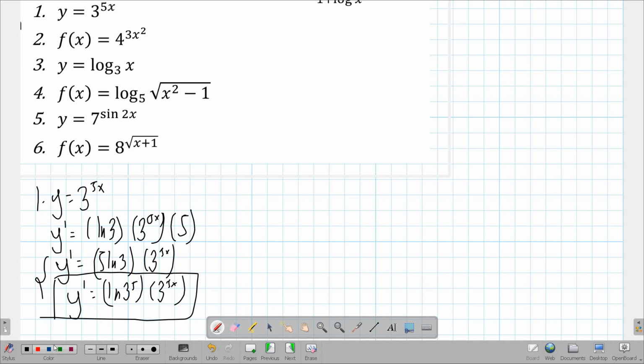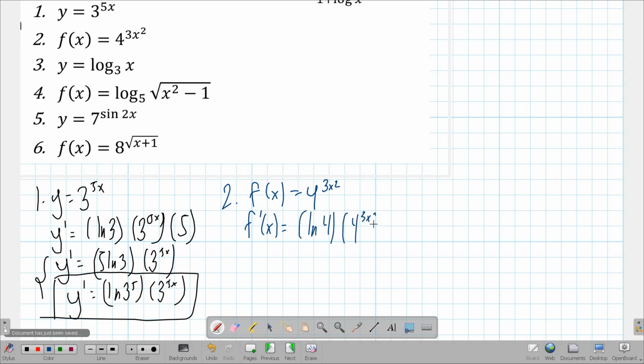So doing it again in number 2, we have f of x is equal to 4 raised to 3x squared. Hence, f prime of x will be equal to ln 4 times 4 raised to 3x squared times the derivative of 3x squared, which becomes 6x.